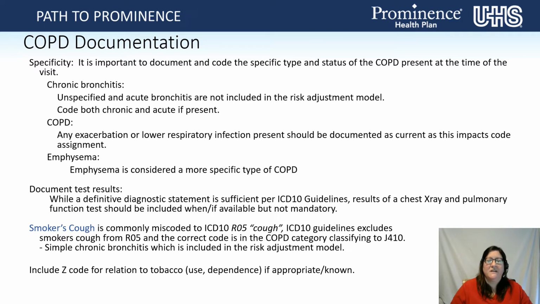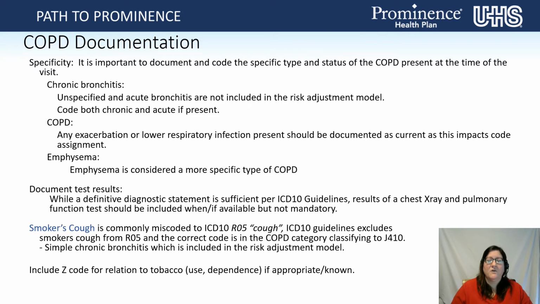So if your patient has a true smoker's cough, don't just have a diagnostic statement of cough there, because that would code out to R05, which is not included in the risk adjustment model. But if it's a true smoker's cough and you bring in that descriptor that says smoker's cough, the appropriate code assignment for that is J41.0, which codes out to simple bronchitis, and that is included in the risk adjustment model.